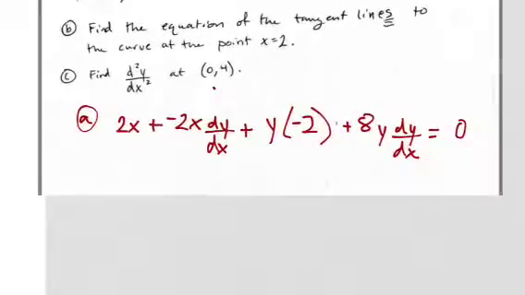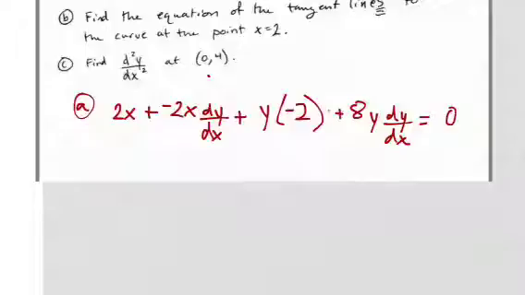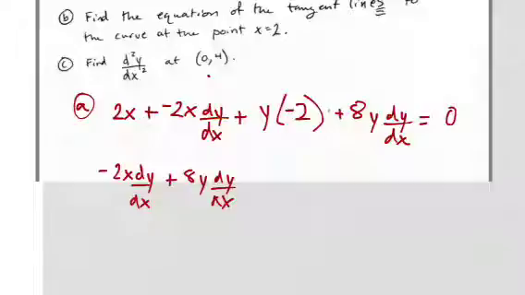And now what I have to do is group my dy/dx's, so I have a negative 2x dy/dx and a plus 8y dy/dx. I'm going to move this over by subtracting it, so it becomes a negative 2x. And I'll move that over by adding 2y to both sides, so that'll be plus 2y.